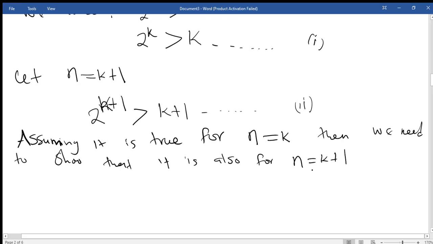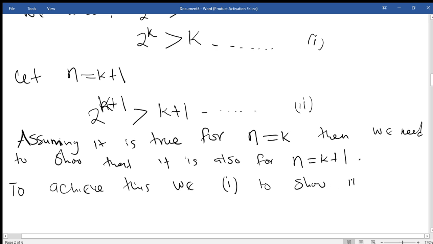So how are we going to do this? To achieve this, we use equation 1 to show equation 2. We know what equation 2 is and we know what equation 1 is. So we're going to manipulate equation 1 to look identical to equation 2.